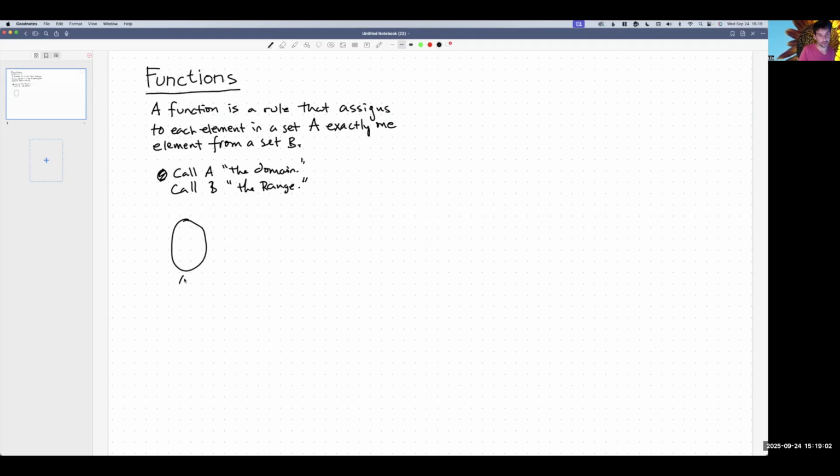If this circle represents the set A, you can imagine there's a bunch of things in that circle. And if I pick one of the things in that circle, I'll use the lowercase a for that thing that I'm choosing, then our function tells us there's something over here that we're going to assign to that element. And there's only one thing over there.